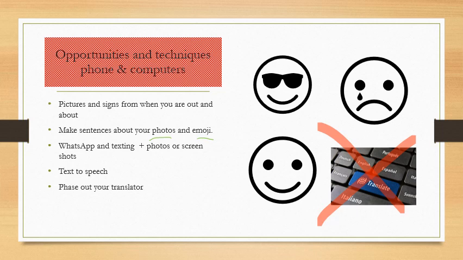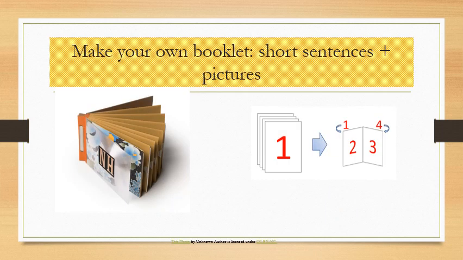Don't always just quickly go to your translator. Other things that you can do is to make your own booklet, small book. So on each page, you might want to write one short sentence and a picture.